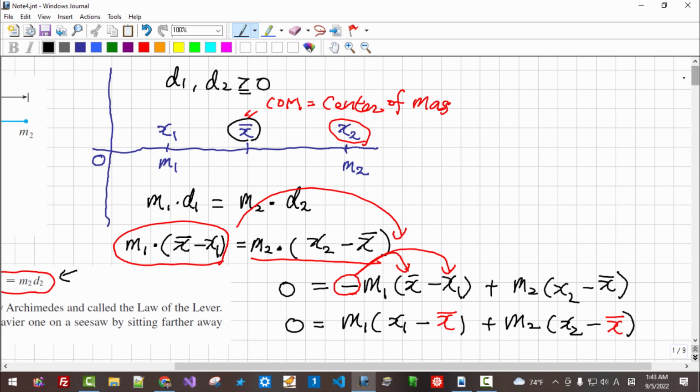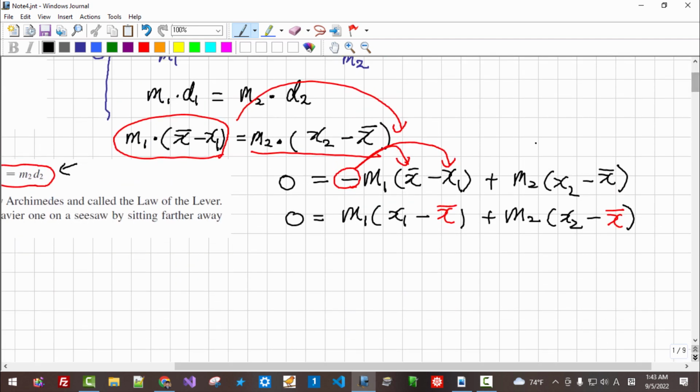So we have this result: 0 equals sigma mi (xi minus x bar).